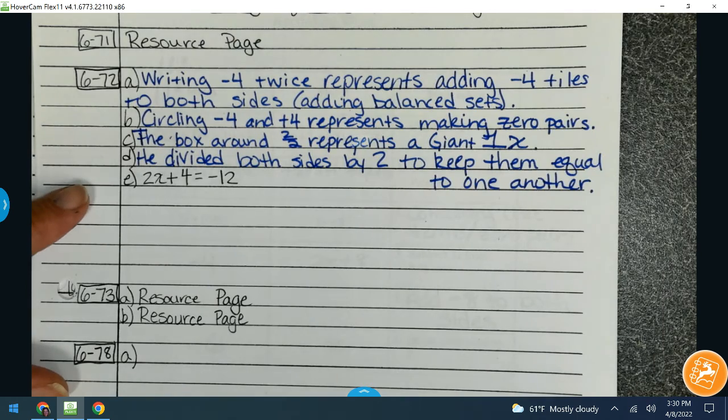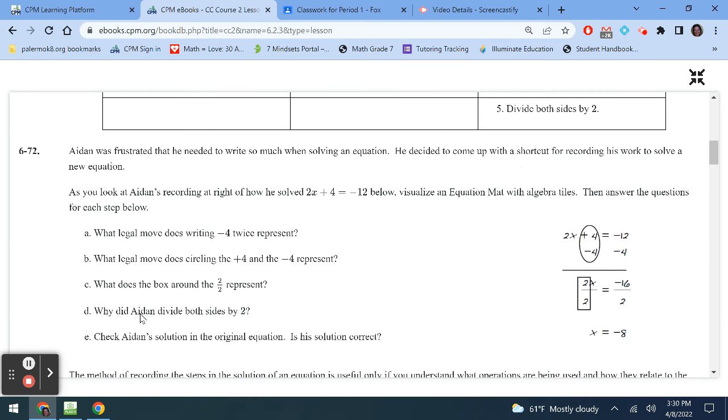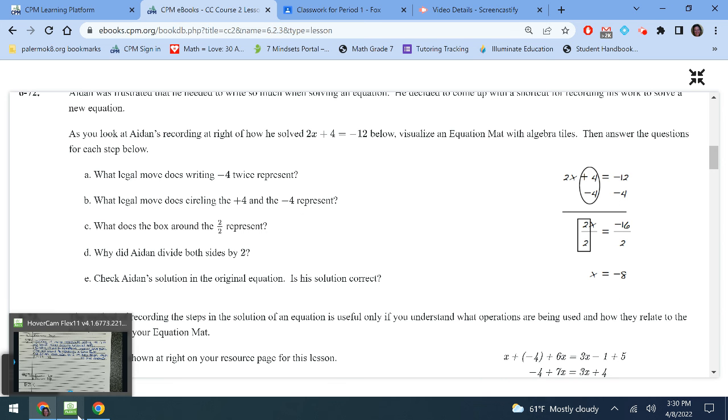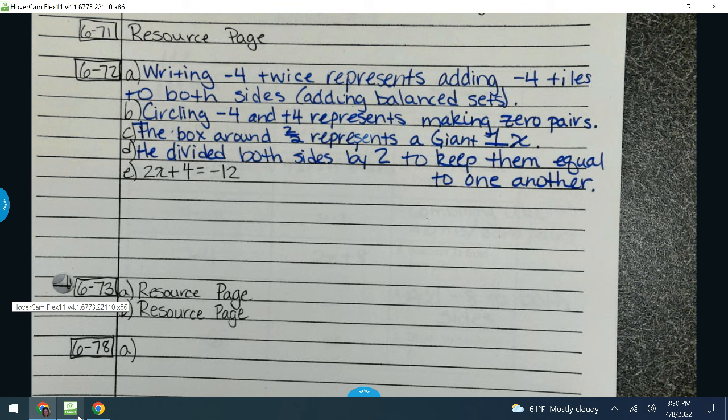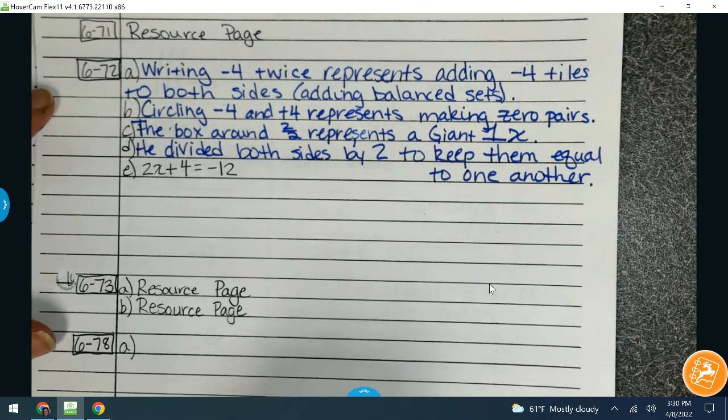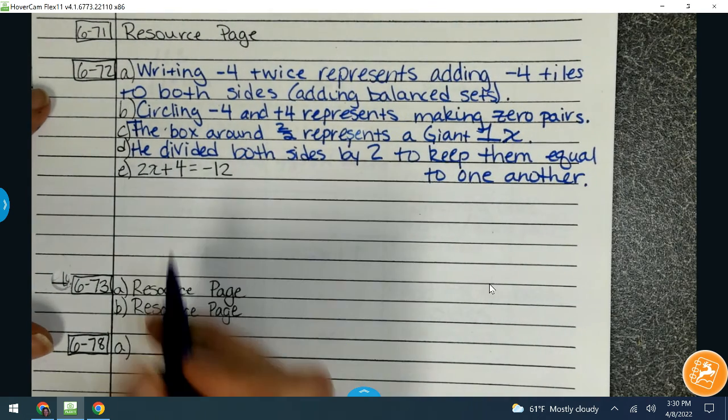Echo. Echo says, check his solution in the original equation. Is his solution correct? His solution is x is equal to -8. So we need to check it right here. The first thing I'm going to do is substitute -8 in for x.